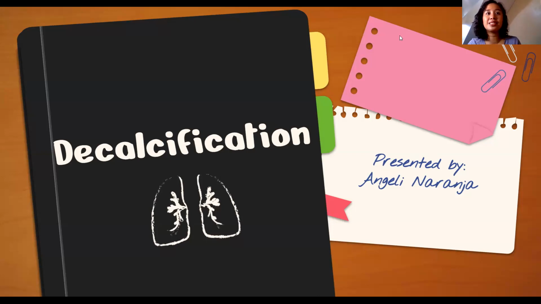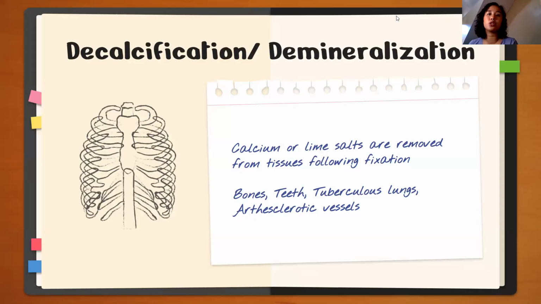So decalcification, also called demineralization, we remove calcium or lime salts from tissues which have calcium or lime salts. So ano ba ang mga specimen na may calcium or lime salts? We have bones.